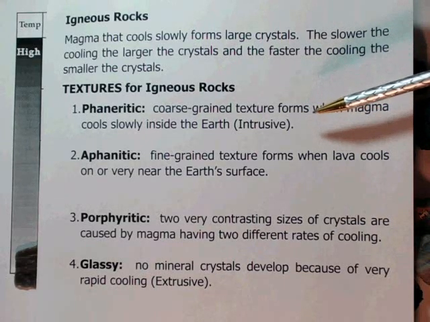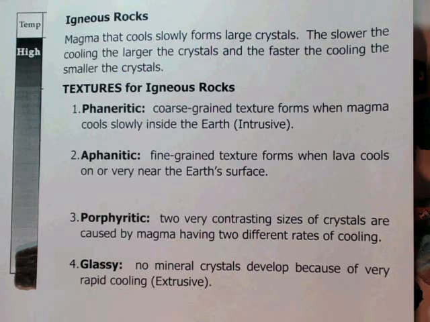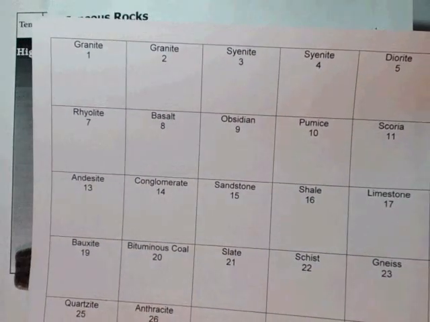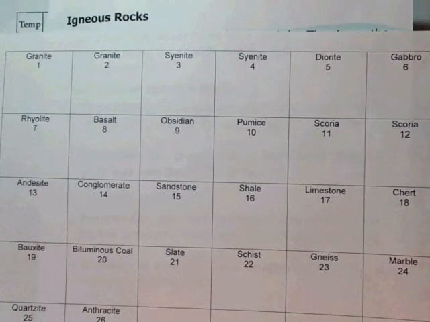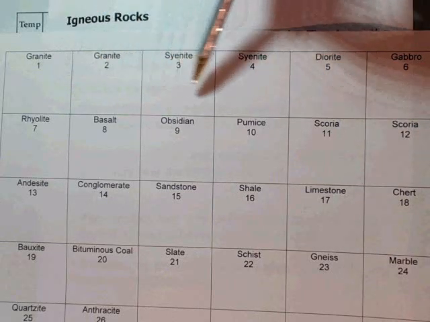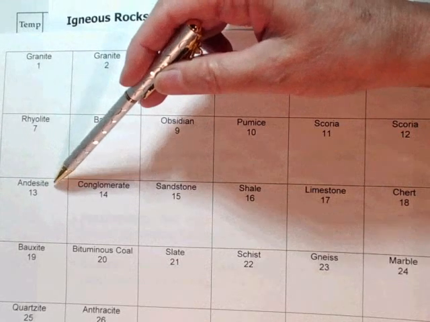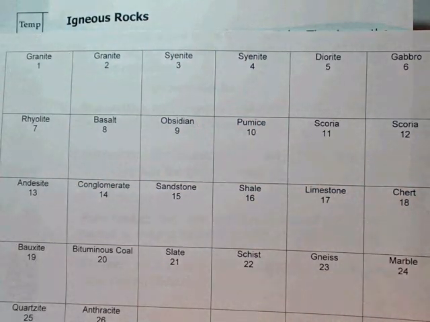What we can look at for phaneritic in your trays, and I'll try to set all the rocks out here in a second: for the igneous rocks, I think I mentioned this before, numbers 1 through 13 are your igneous rocks.